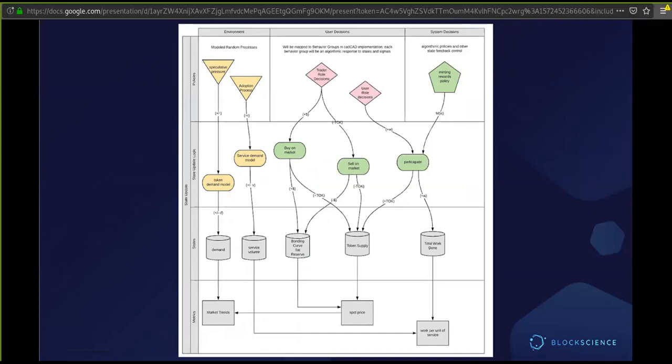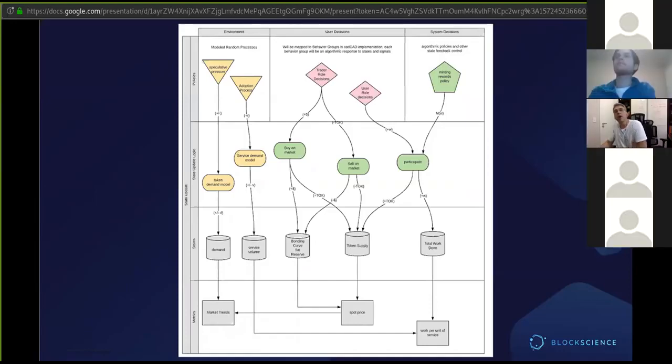Each one of those are mechanisms that are triggered by external policies, external processes, like environmental processes in the yellow triangles, and then the pink diamonds are user behavior policies that also trigger the mechanism. So you have some kind of user logic that reads from the state variables and decides to take an action and trigger one of the mechanisms.